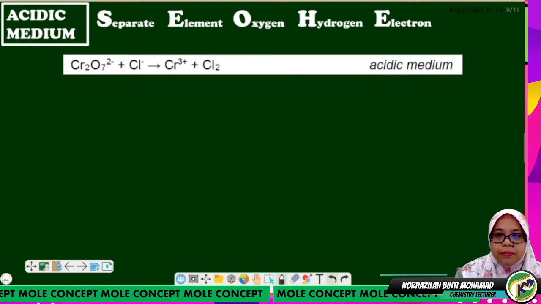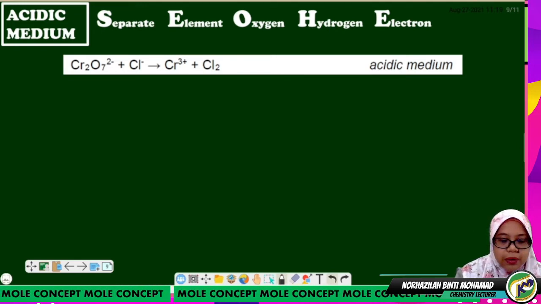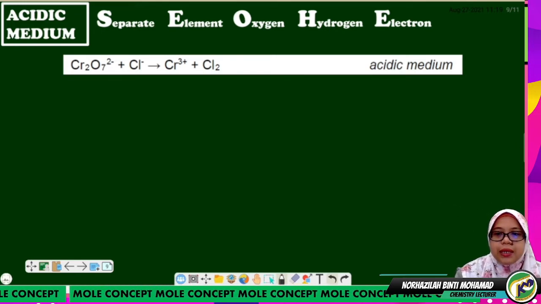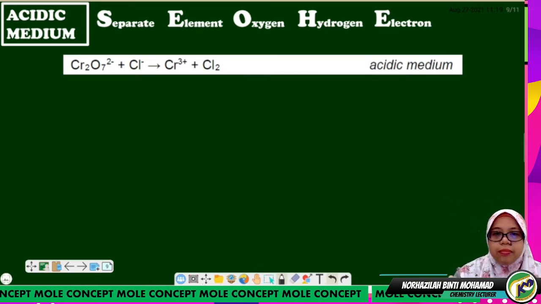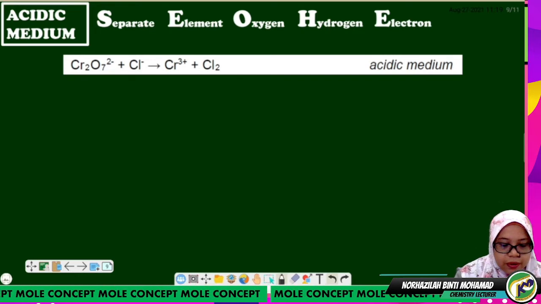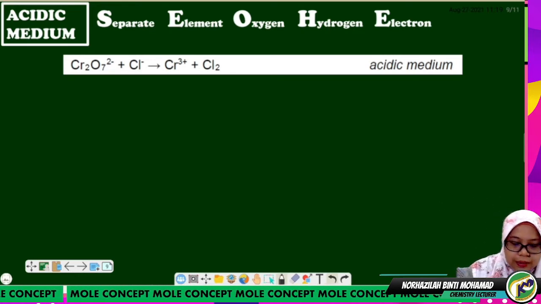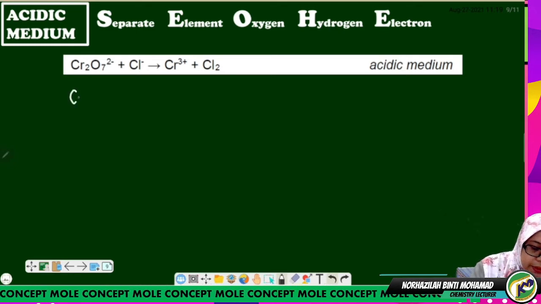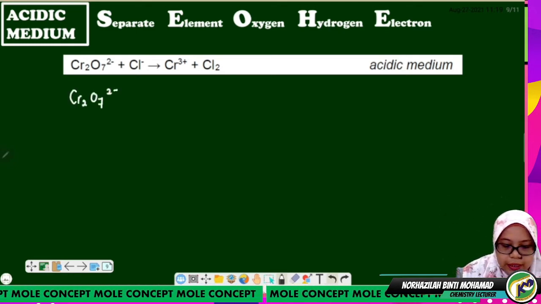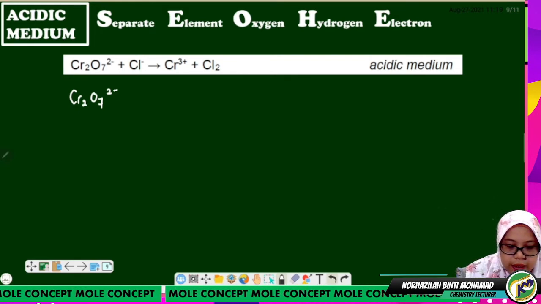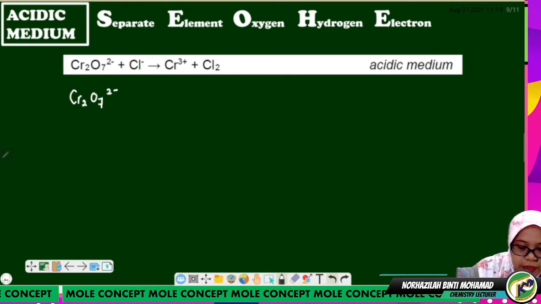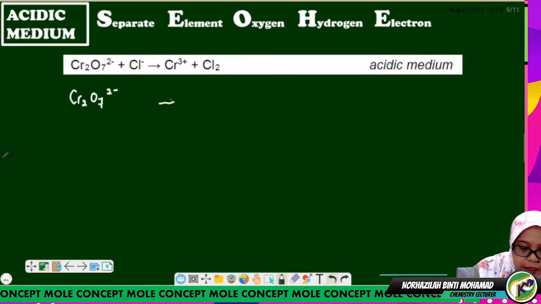To separate them, we need to look at the common element that appears on both the reactant and product sides. For the first equation, I have Cr2O7 2-, and the product of Cr2O7 2- is Cr3+.